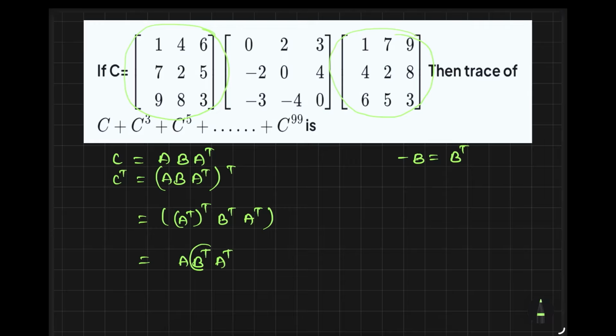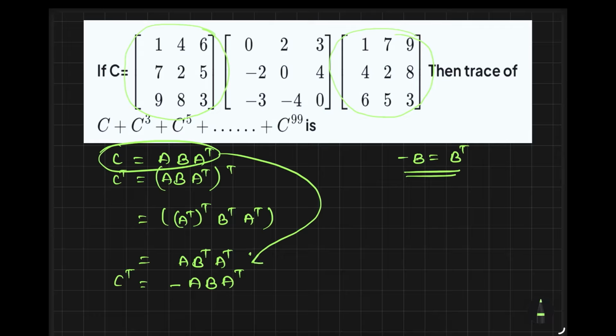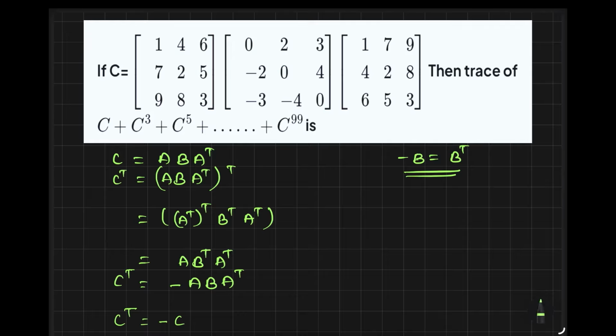Now you know that B transpose is minus of B. So can I write minus of A transpose, which is nothing but negative of this, correct or wrong? Now can I write C transpose is equal to minus C? This means I feel that the matrix C is a skew symmetric matrix.